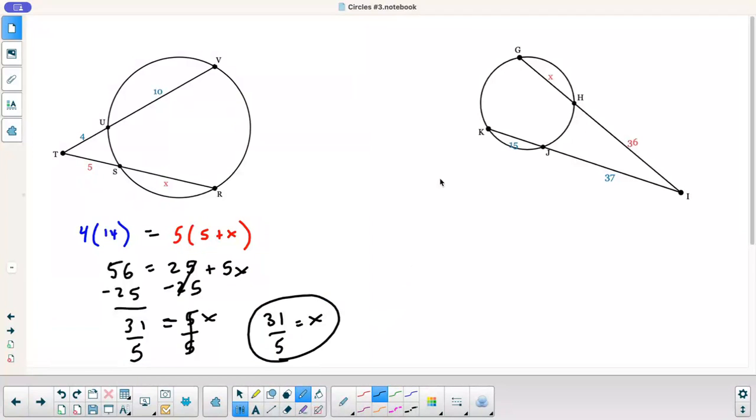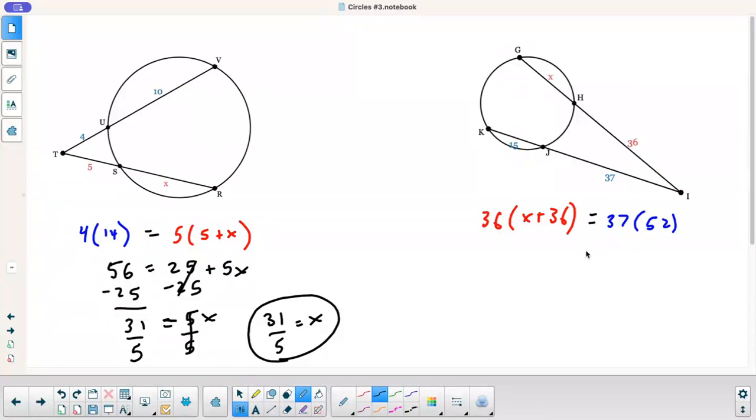Same idea here. Outside times whole. 36 times x plus 36 equals outside times whole. So it'll be 37 times 52 when I add the 15 and the 37.